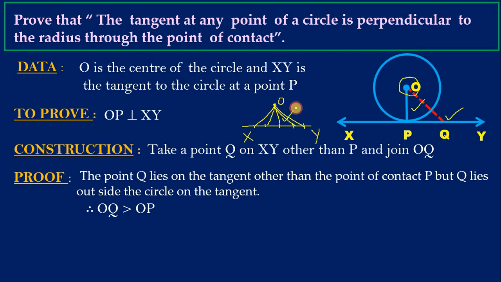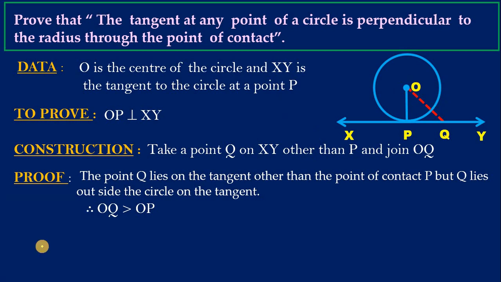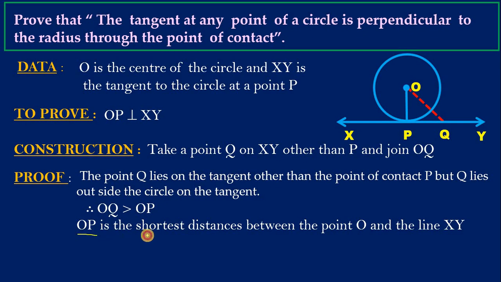The perpendicular one will be the shortest one, and which is the shortest, that is the perpendicular one. So here compared to OQ and OP, OP is the shortest one, hence OP will become perpendicular to XY. That is the second thing you wanted to understand in proof, children. OP is the shortest distance between the point O and the line XY.